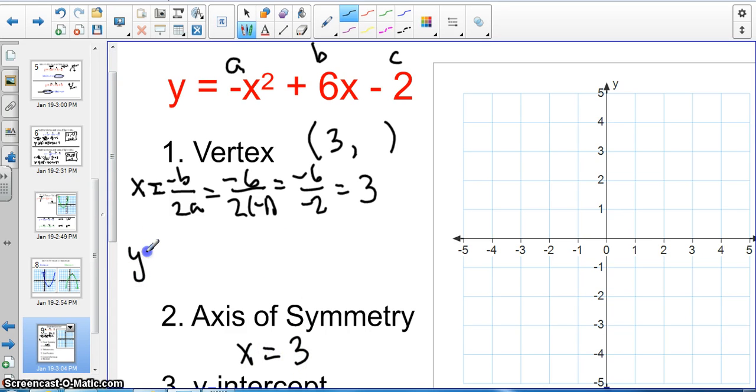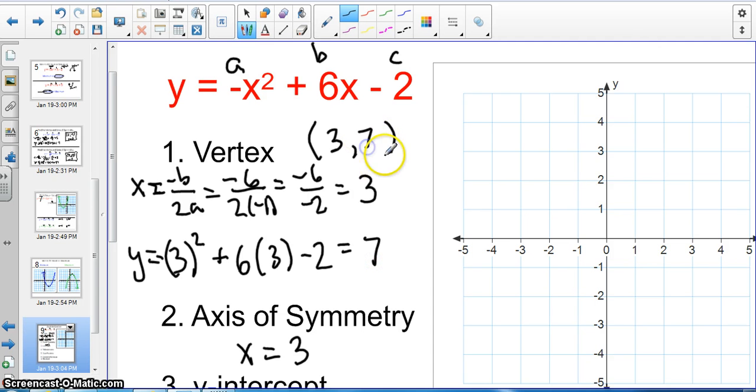Now to find my y, I'll just take 3 and plug it into that original equation. So every place there's an x, I plug in 3. When I do that, I'd find my y to be 7. So now I can go and plot that. 3, 7.